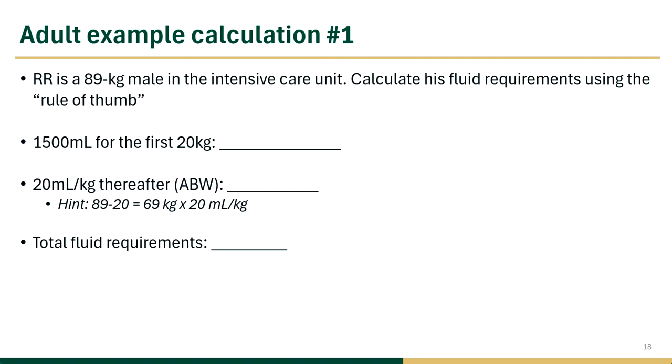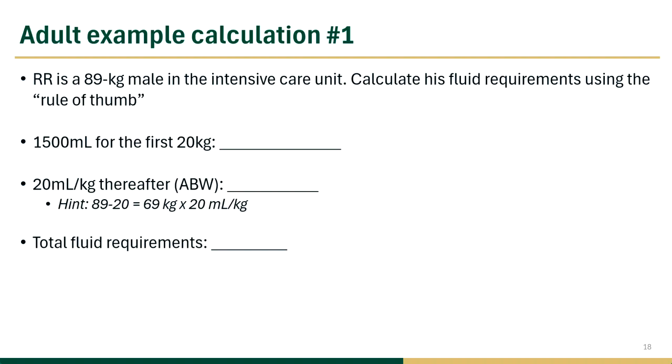So 89 minus 20 is 69 kilos. 69 times 20 is 1380. All right, so we add 1380 to 1500 and we get 2880. So there we go.